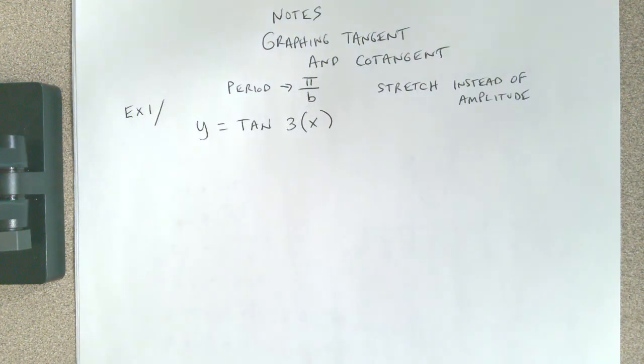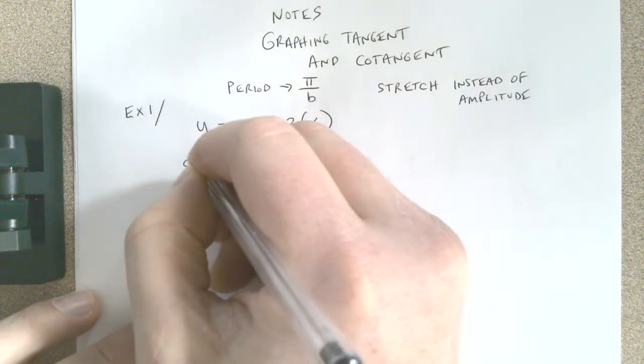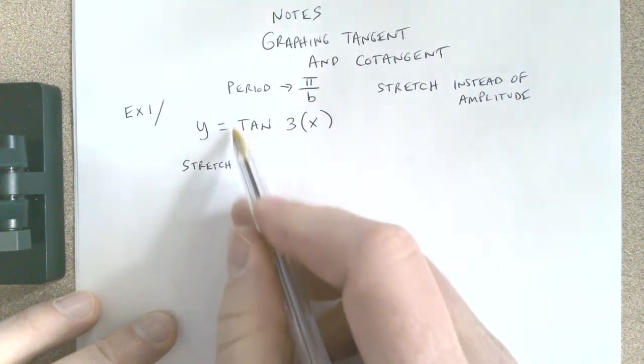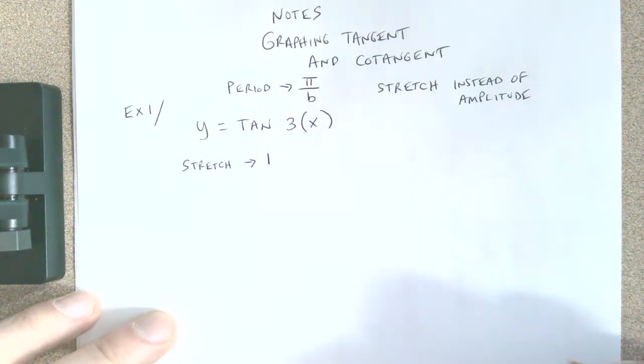That value that we were finding for the amplitude before is now considered our stretch. So let's go through this process. The stretch, again, is the a value that's in front. In this case, the stretch would simply be 1.